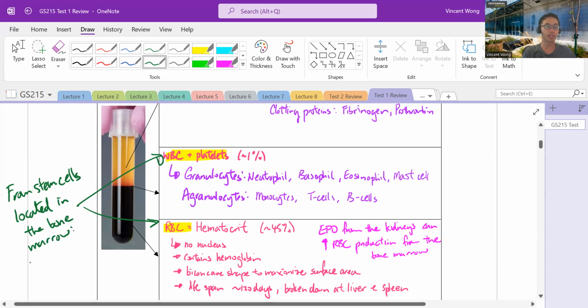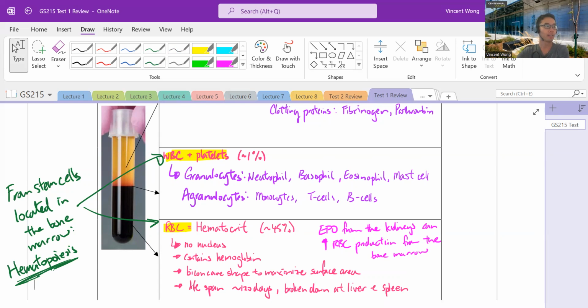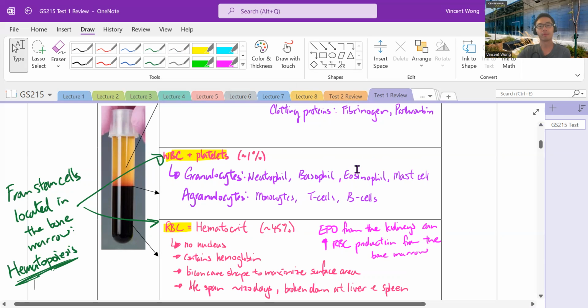Okay. The process is called hematopoiesis. The production of new blood cells, basically. Is that okay? Hope that makes sense.